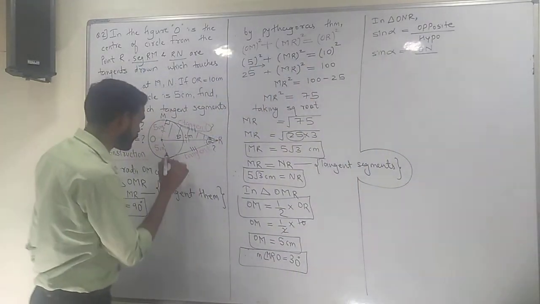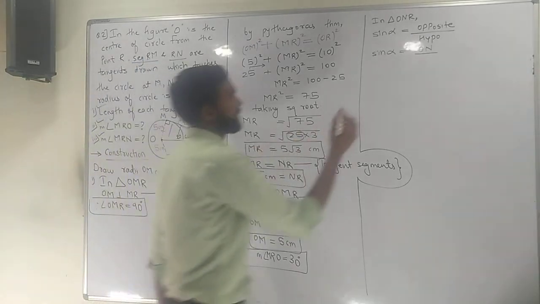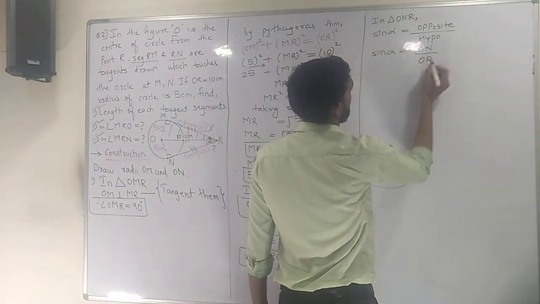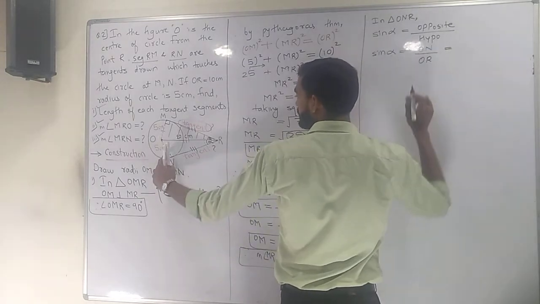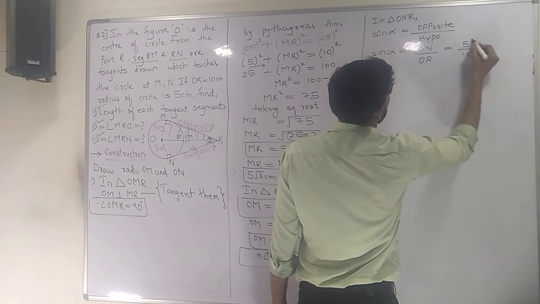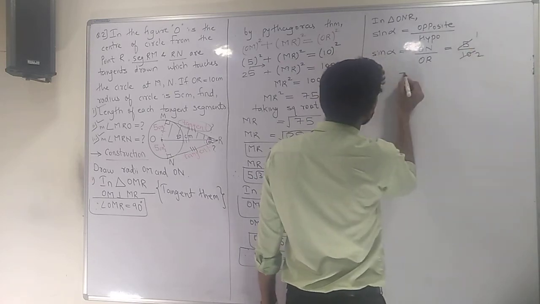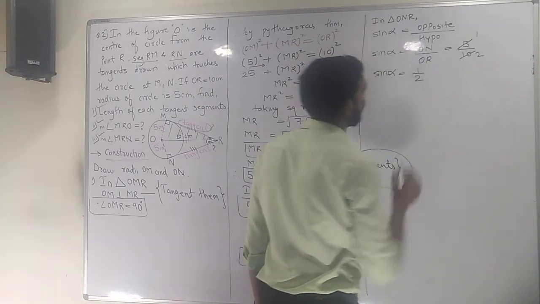Who is hypo? Hypo is always opposite of 90. This is my 90. Opposite is OR. Let us put the values. Length of ON is given 5, so we will write here 5. What is OR? 10. Divide 5 and 10, 5 2s are 10. So sine alpha we got 1 upon 2.